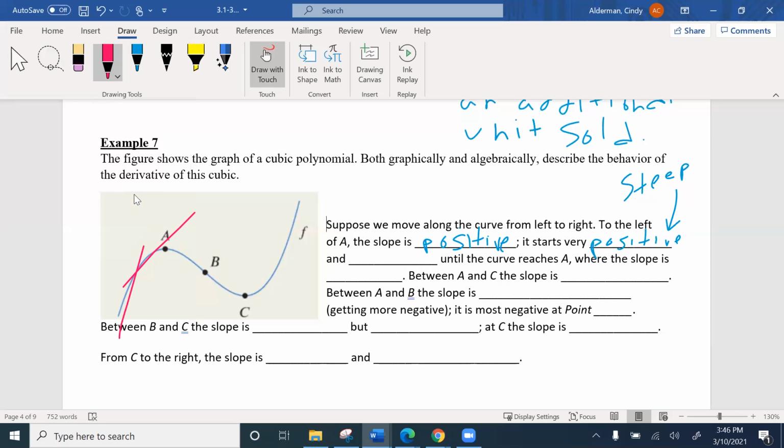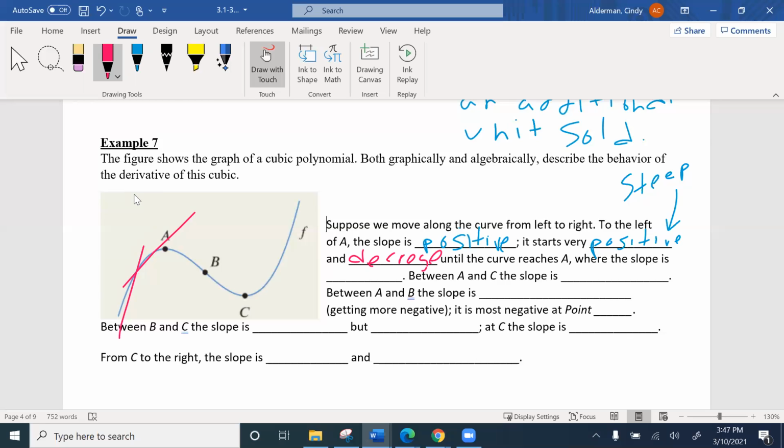It starts very positive, and then it's going to decrease. And I don't mean go down, or go negative. I mean the slope is going to decrease from a high number to a lower number. High steep, little lower steep, 0.